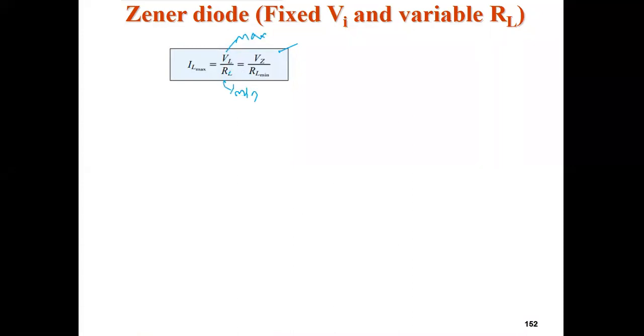Because as per the division, the IL maximum value will be if I put the maximum value in the numerator and minimum value in the denominator. So what is the maximum value VL can have? It can only be VZ. And the minimum value of RL is the RL minimum which we just calculated from the formula. Dividing these two gives me the maximum value of IL.